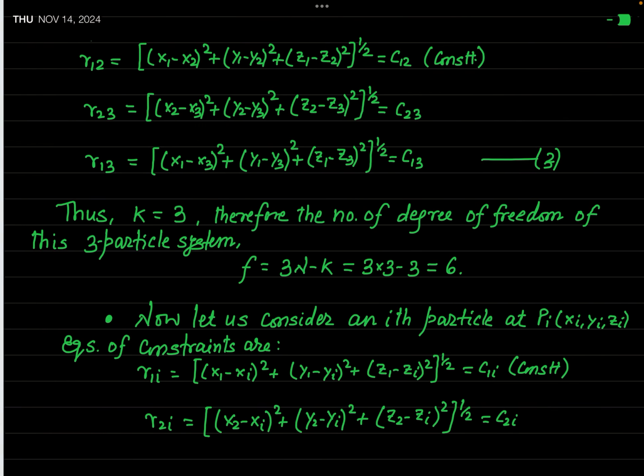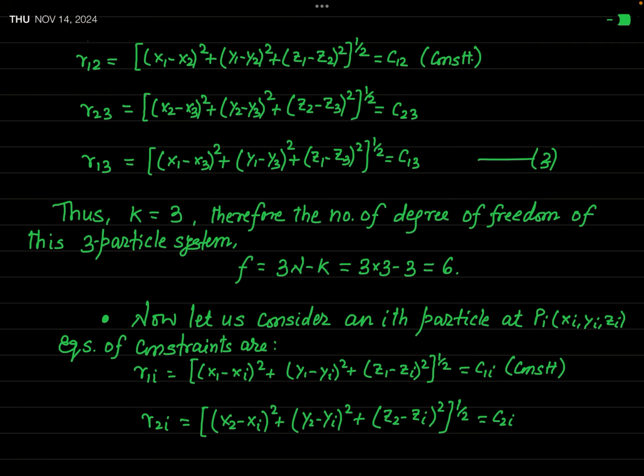And you know what that formula is? To find the value of R12, it will be given by the square root of (x1 minus x2) whole square plus (y1 minus y2) whole square plus (z1 minus z2) whole square. And if the body is rigid, this will be equal to a constant. I have written that constant by the symbol C12.